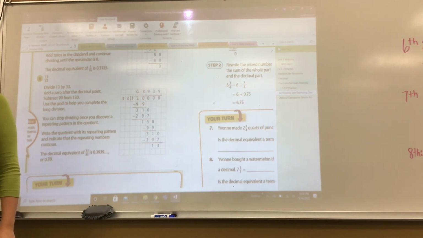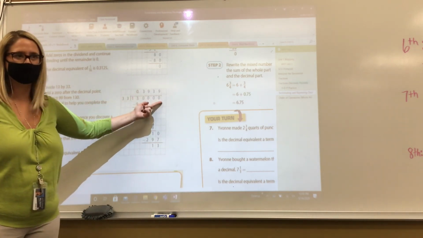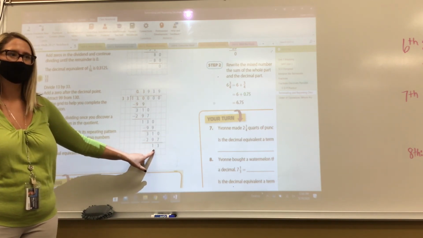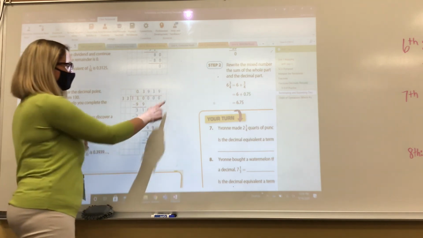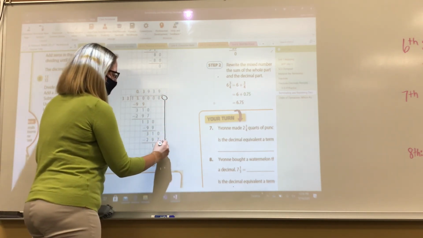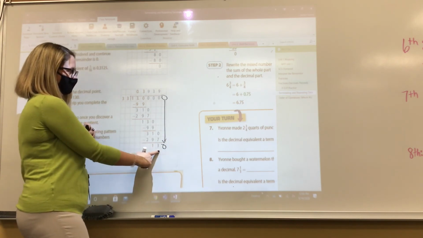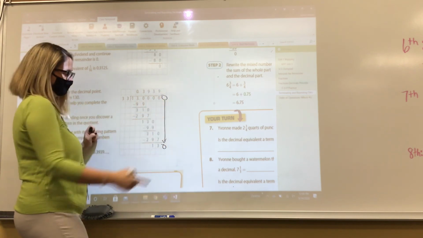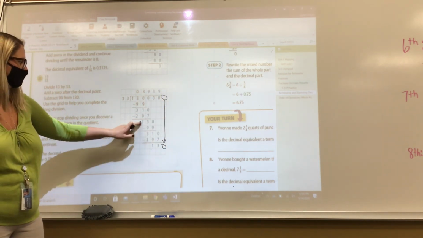Having to add zeros. You're having to keep adding zeros every single time and bring them down, right? And is my remainder 0? No, it's 13. So if I add another 0 here and I bring it down, 33 goes into 130 3 times again, yes? Yes, and that keeps happening.